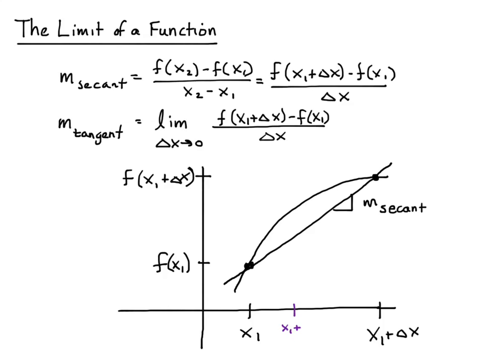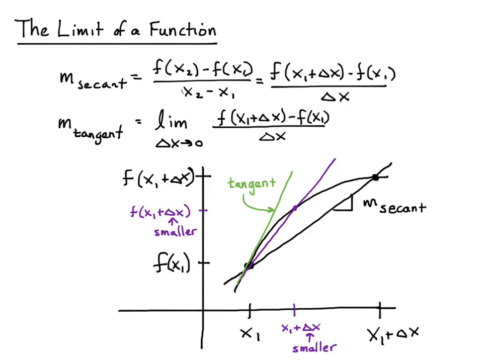Where this takes us is that if we make delta x a little bit smaller, we're going to get a value of our function that's closer, and the slope of that secant line is going to change in value, and it gets closer to the tangent as delta x goes to 0.